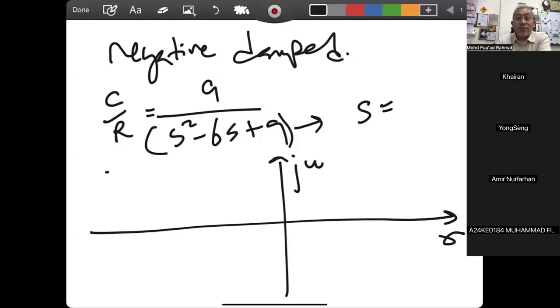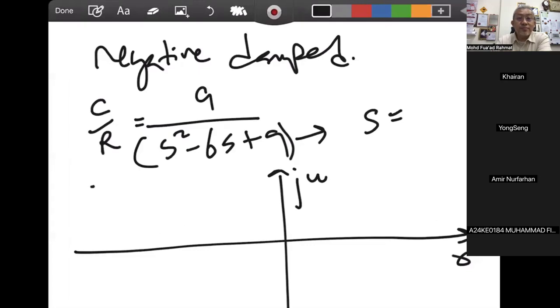And we check with MATLAB. S square minus 6s plus 9.